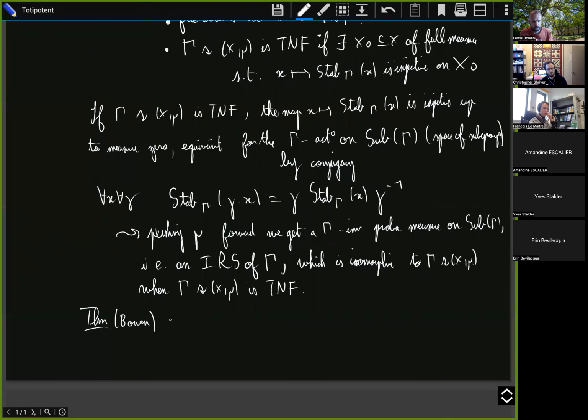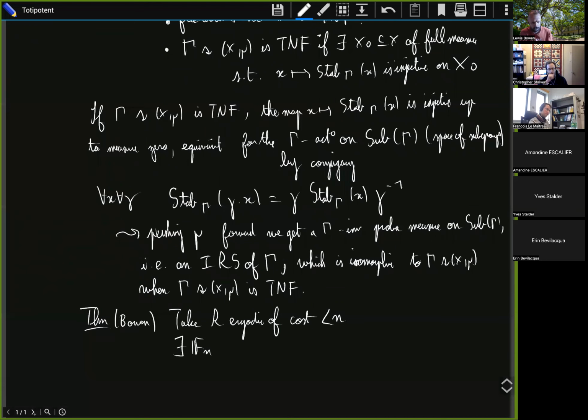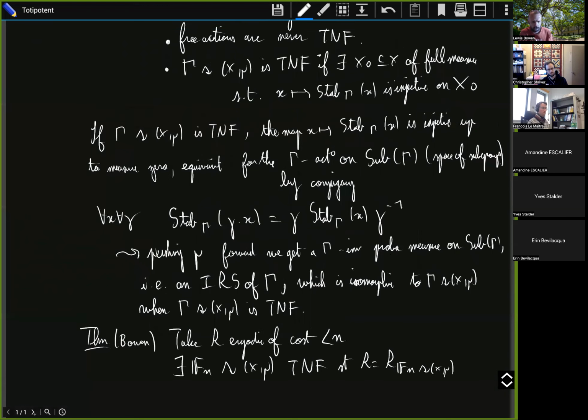So, theorem: take R ergodic of cost less than n, then there is Fn acting on x mu, totally non-free, such that R is equal to R Fn acting on x mu.